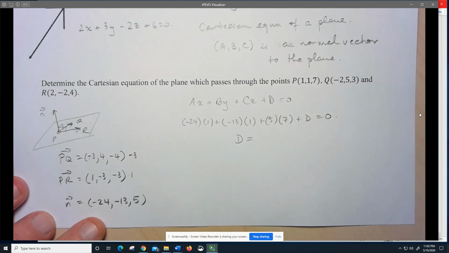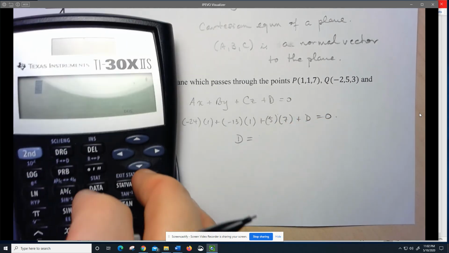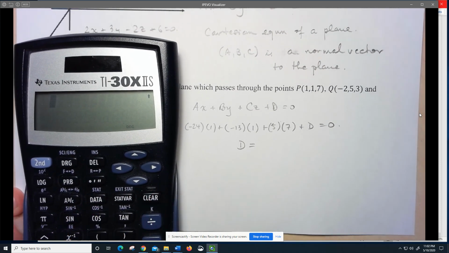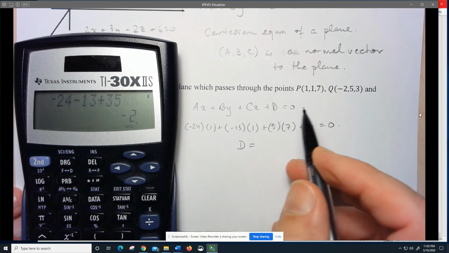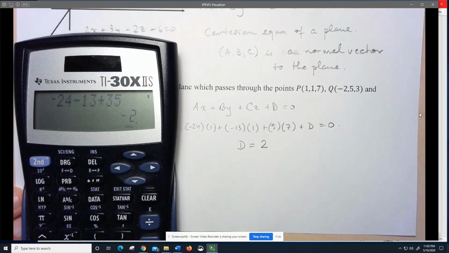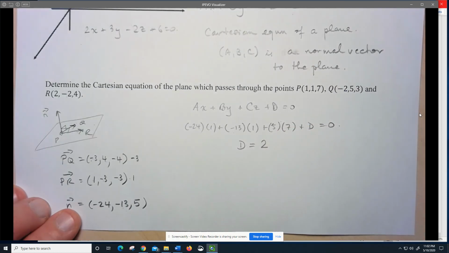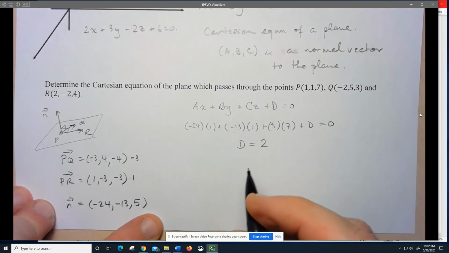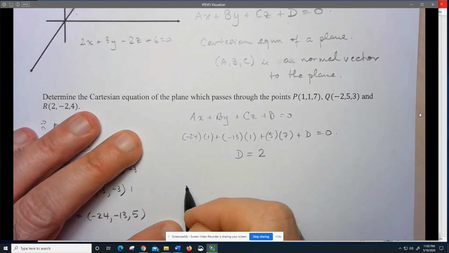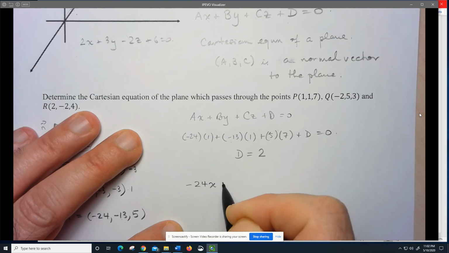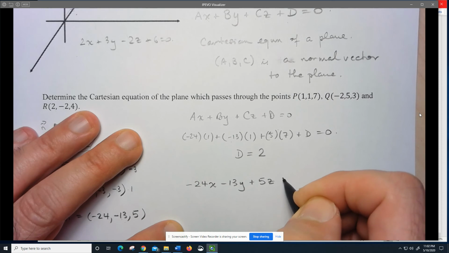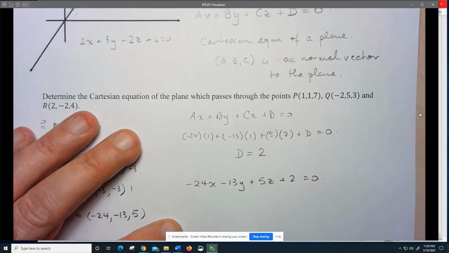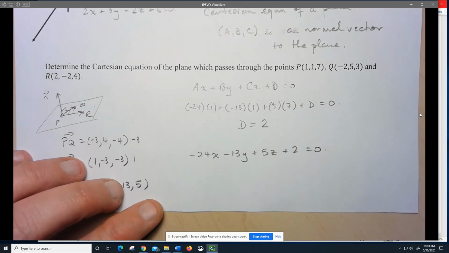So let's get our calculator to make sure we don't make any silly mistakes here. Okay, so here we have -24 minus 13 plus 35, and we have -2. So if we bring that to the other side, D is just going to be equal to +2. All right, so my final equation is just going to be -24x minus 13y plus 5z plus 2 is equal to 0. Okay, and there you have it.